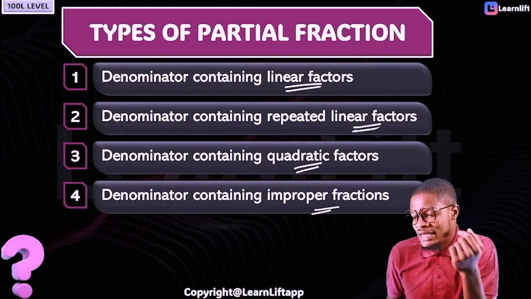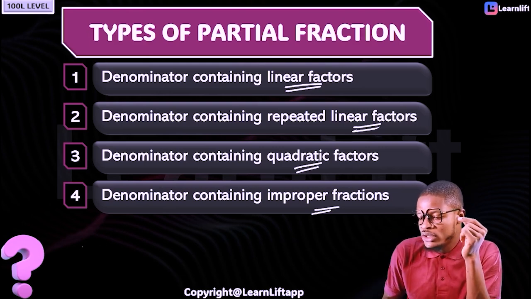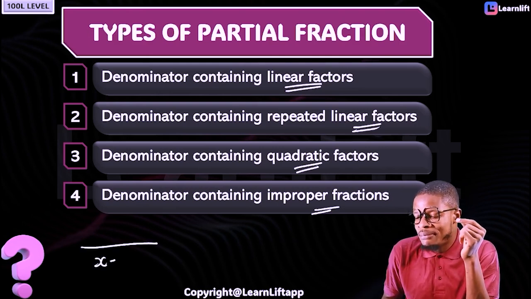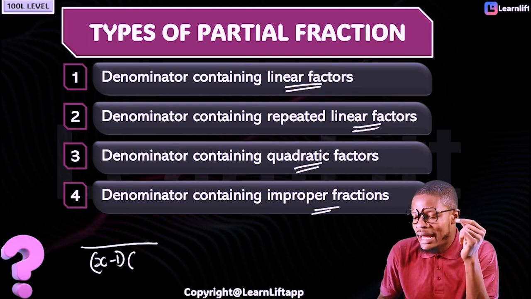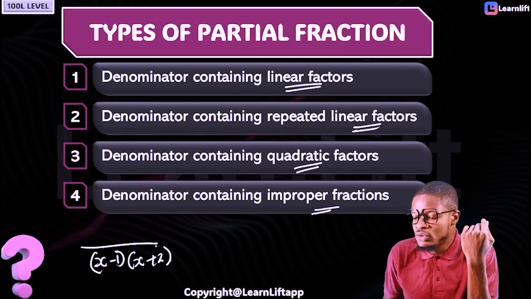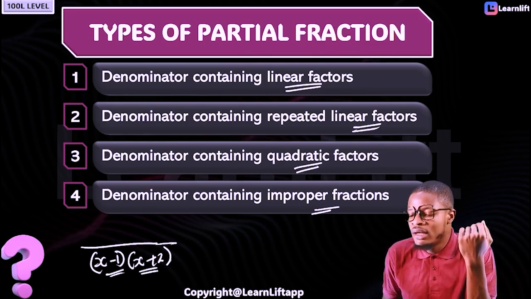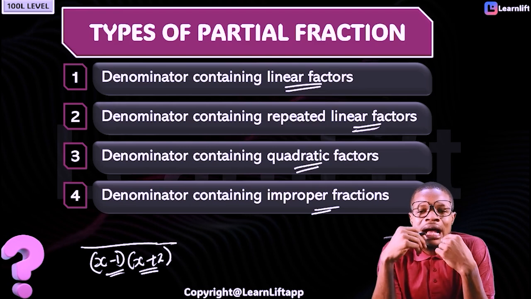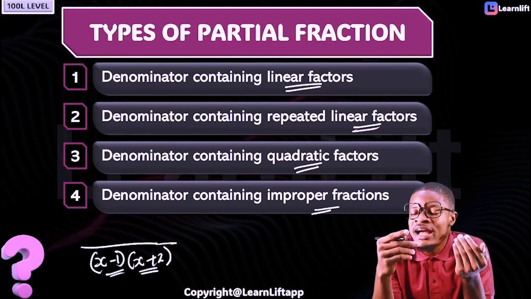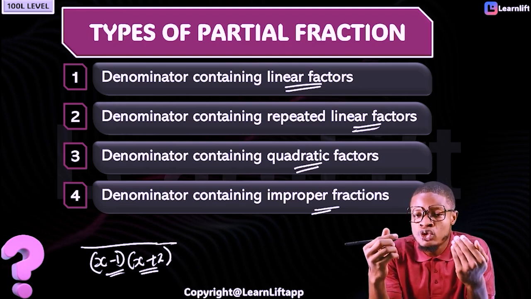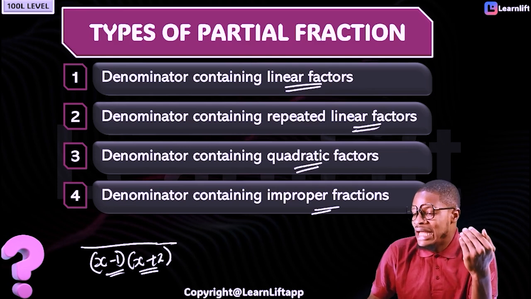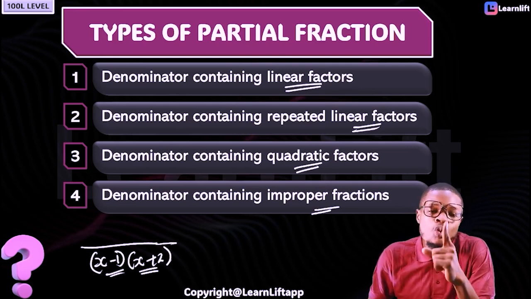Let me shock you very fast. Let's say the denominator is something like this, all over x minus 1 into x plus 2. What type is this? You are focusing on the denominator. How do you know a linear factor? It's very simple: in a linear factor you have just one variable.